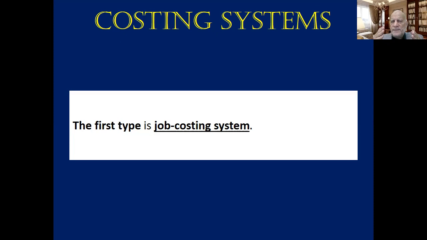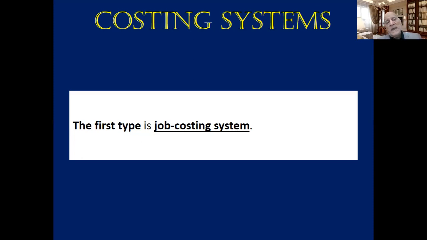Each job generally uses different amounts of resources. Because the products and services are distinct and use different amounts of resources, the job costing system is used to accumulate costs separately for each product or service.